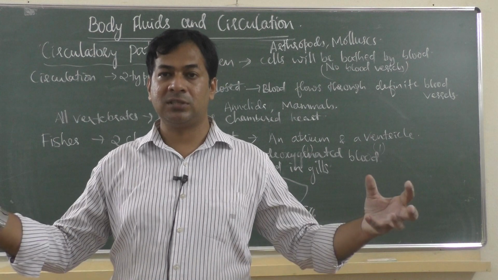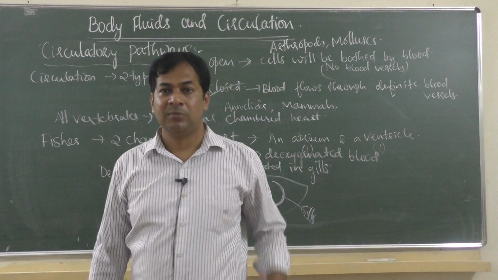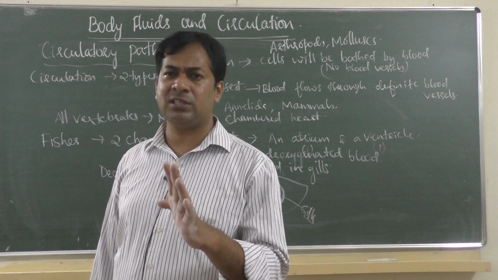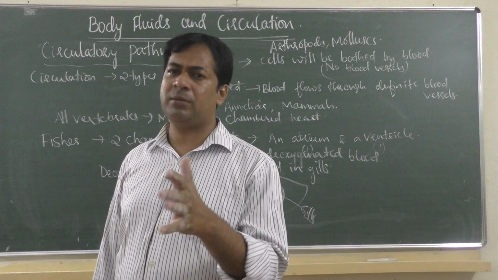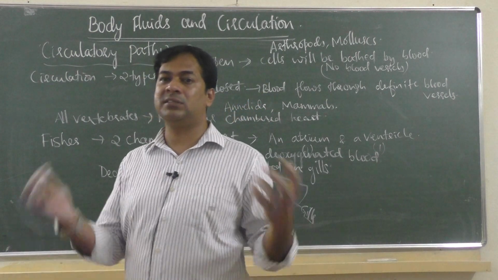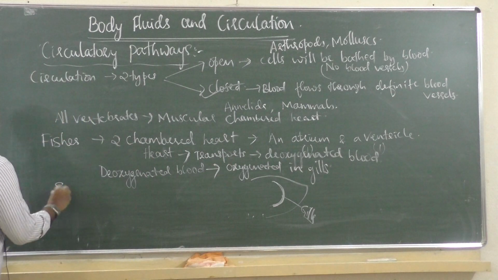So blood comes twice to the heart, and it is called double circulation. But in fish, only deoxygenated blood comes to the heart. Oxygenated blood doesn't come to the heart at all. So blood comes only once to the heart, and it is called single circulation in fish.